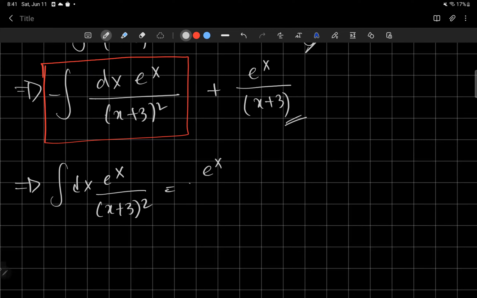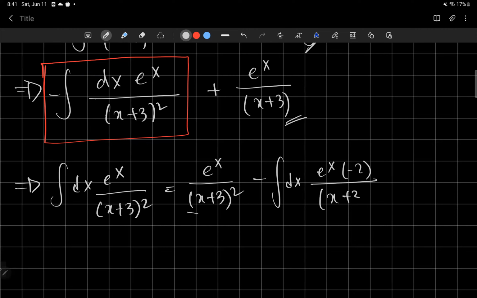You integrate e of x, you have x plus 3 whole squared, then a minus sign, dx e of x, and you differentiate 1 upon x plus 3 whole squared, right? That would give you a minus sign or -2 over there and x plus 3 whole cube.